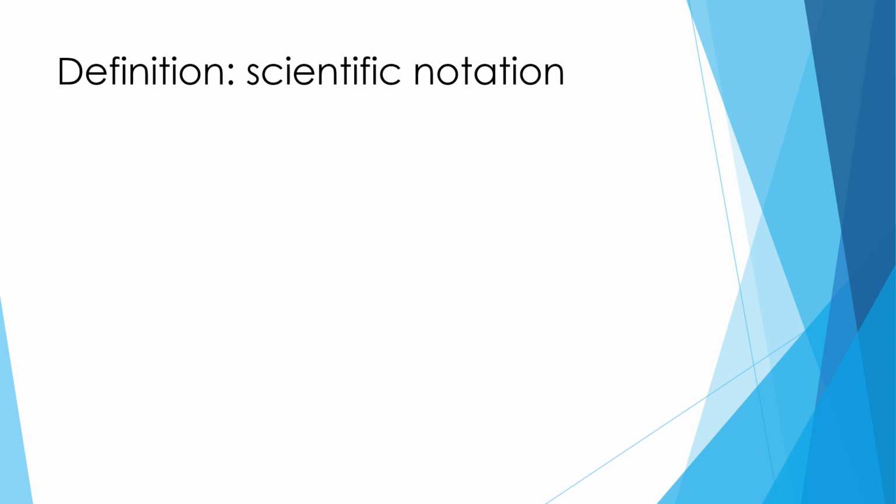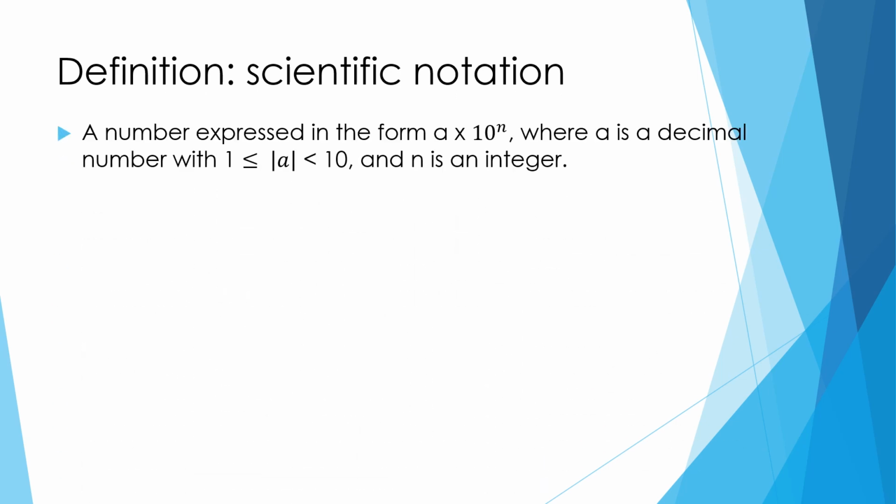What is the definition of scientific notation? A number expressed in the form a times 10 raised to n, where a is a decimal number with 1 less than or equal to the absolute value of a, which is less than 10, and n is an integer.